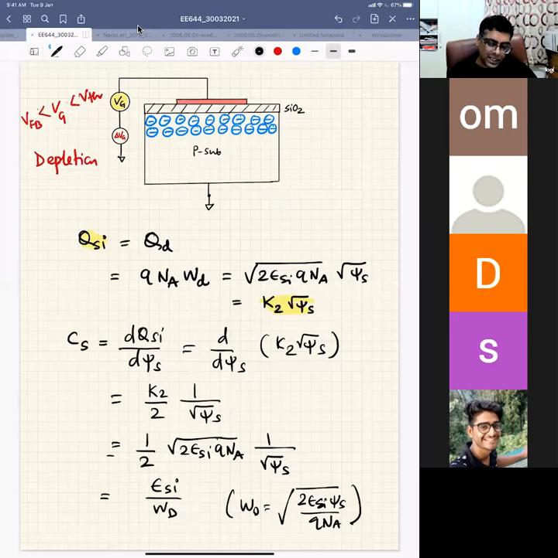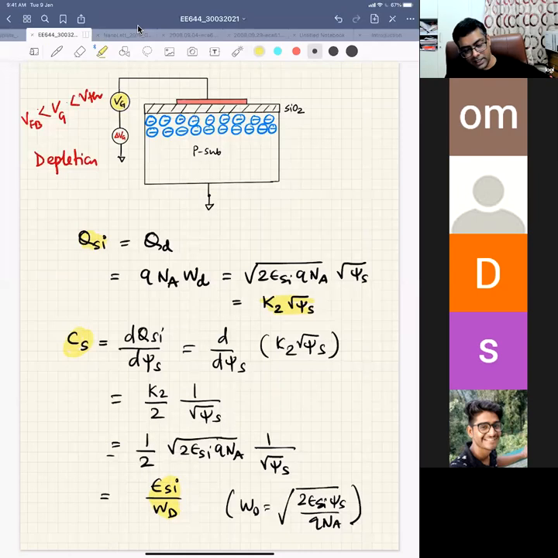So you see, in depletion, when your Vg is somewhere between flat band voltage and Vth, your capacitor is in depletion, or in the transistor case also it will be in depletion. So your CS, your semiconductor capacitance, will be epsilon Si by WD, right?